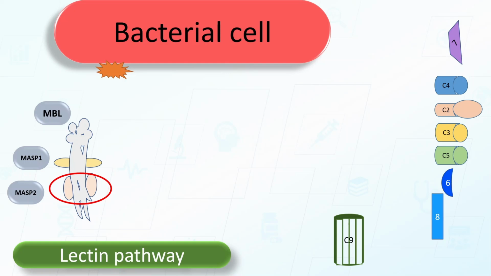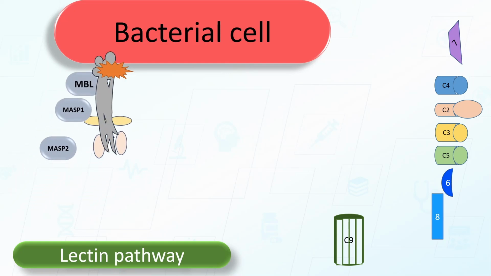This mannose binding lectin will bind with a sugar residue on the surface of microorganisms, which is not available on human cells. Once it's bound, it will have a conformational change, which will activate MASP1, mannose binding lectin associated serine protease 1, which in turn activates MASP2.